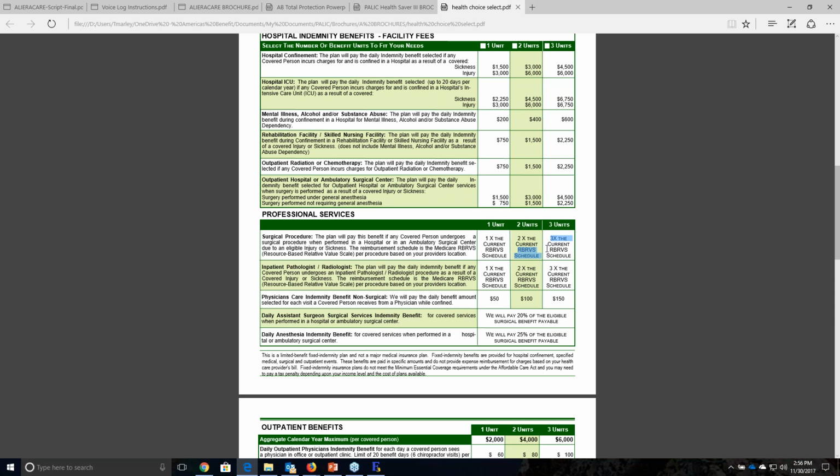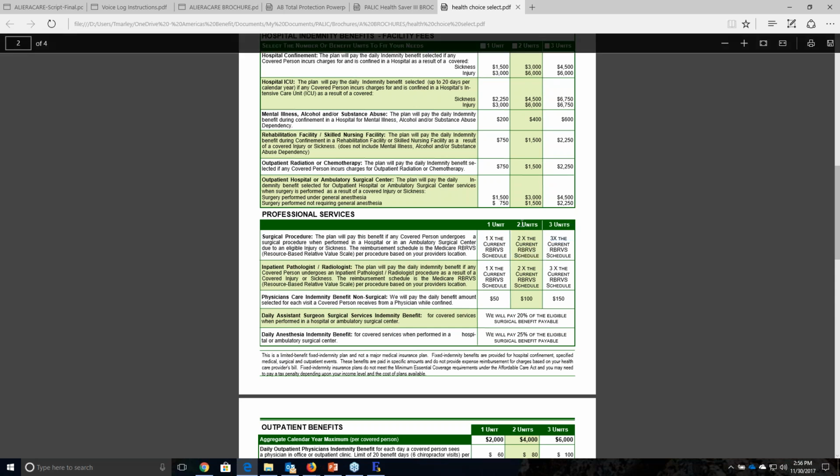But all the people that are buying this are under Medicare age, 62 or 57, so he doesn't have to accept it. So that's why we always encourage 2 units, because 2 units pays 2 times RBRVS. The doctor normally charges $1,000 for an appendectomy, and Medicare would reimburse him $700. Our 2-unit plan is going to pay $1,400, or slightly more than what is usual and customary.